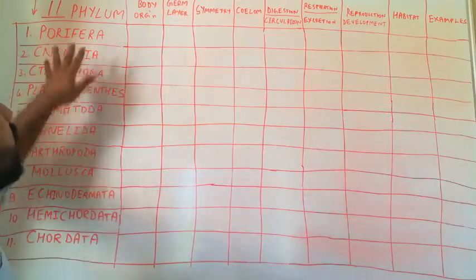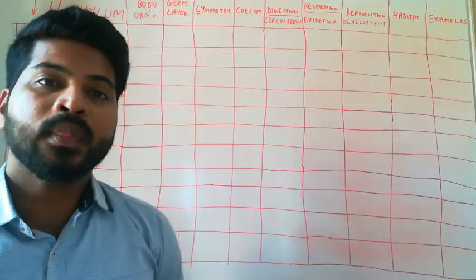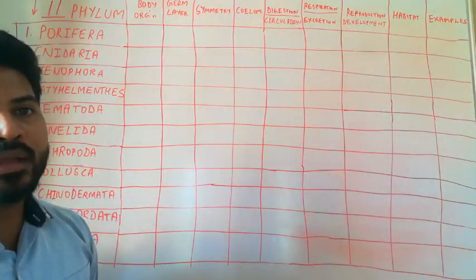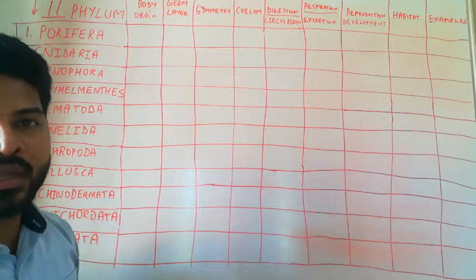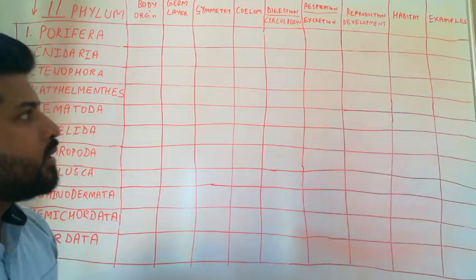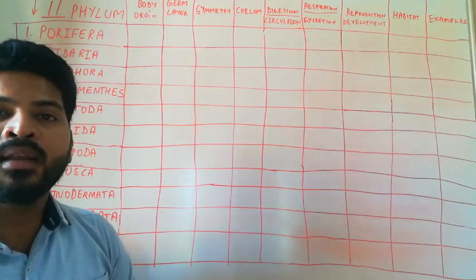Currently there are 11 phyla under kingdom Animalia. In some books you would find 10 phyla, whereas in some others it is 9. In our NCERT textbook it is mentioned that there are 11 phyla.